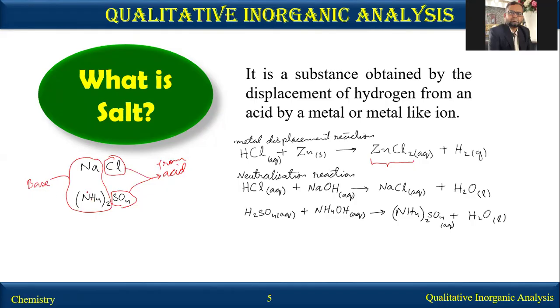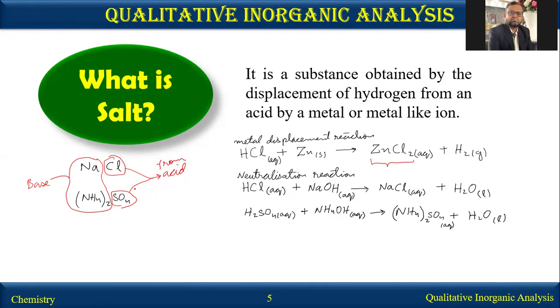So from these neutralization reactions, we can understand that the negative ion always comes from acid because the positive ion of acid is hydrogen, and positive ion always comes from the base as the OH always combines with the hydrogen ion to form water. So the remaining ions after the formation of water are the positive ion from the base and negative ion from the acid.